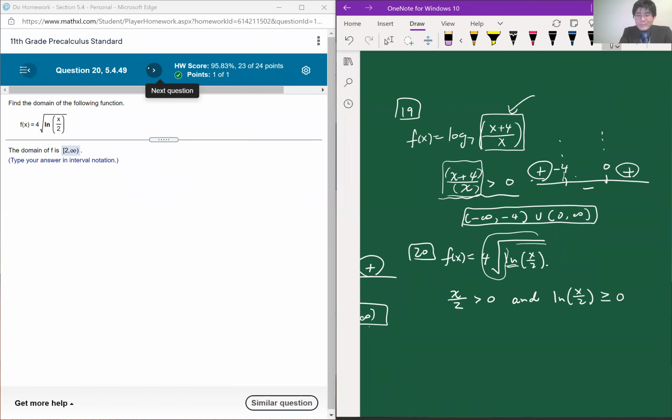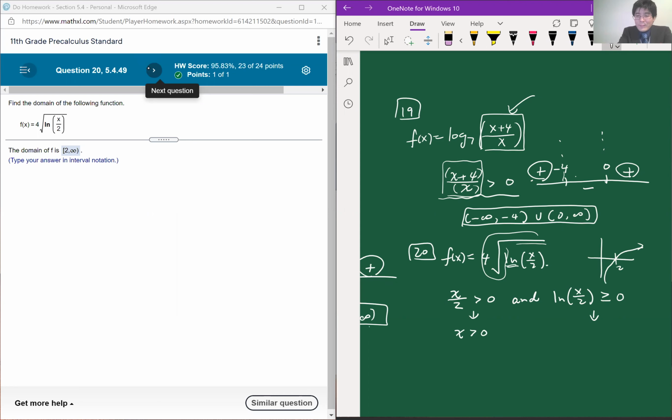So x must satisfy both of these conditions. This one means x must be positive. This one means, because ln is a log of base e, which is greater than 1, this function is an increasing function, looks like this.